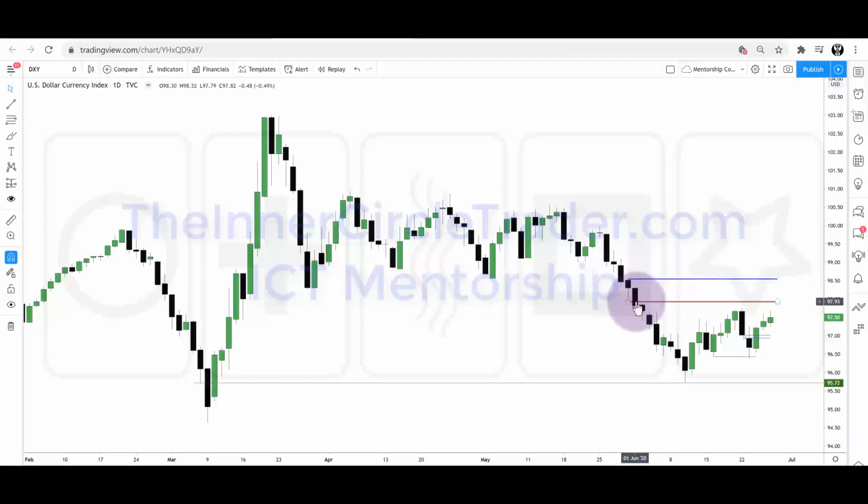This is a very small one. There is this volume imbalance down here that we passed through. Now we did fill it, but we didn't rebalance it. So it could come back down this week and trade into that volume imbalance again and become a point of interest for additional analysis and trades.